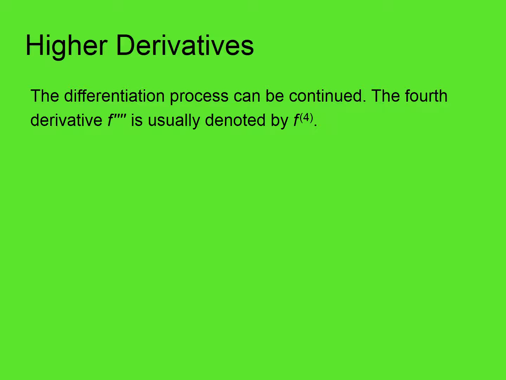The differentiation process can be continued. We could talk about the fourth derivative, f quadruple prime. It's usually denoted by f with an exponent of 4 in parentheses. With those parentheses around an exponent, you're talking about a derivative, the nth derivative, whatever it is.